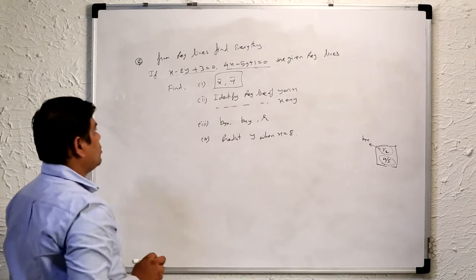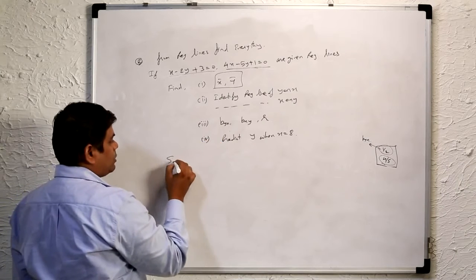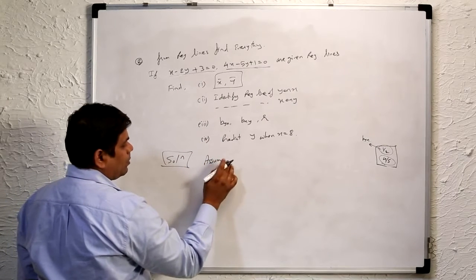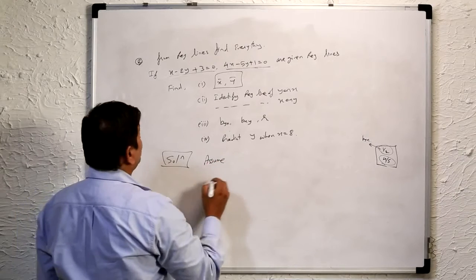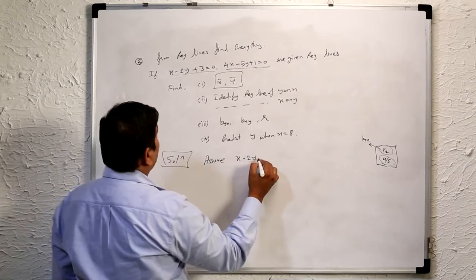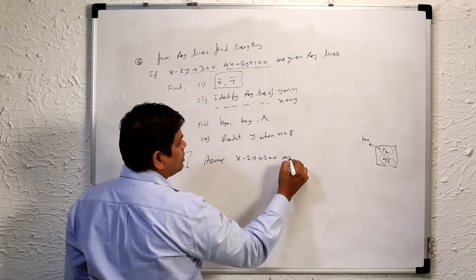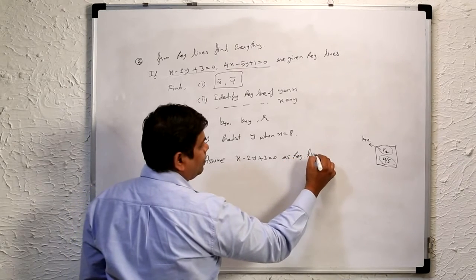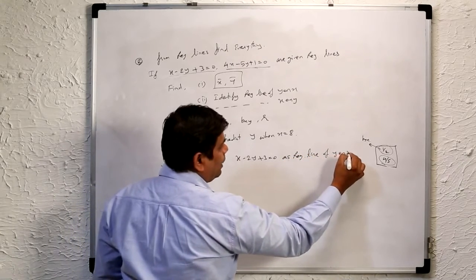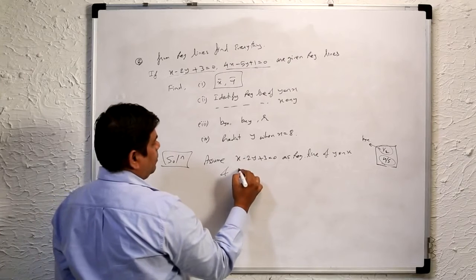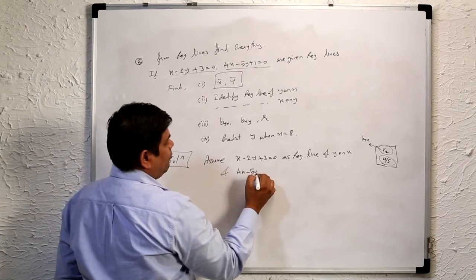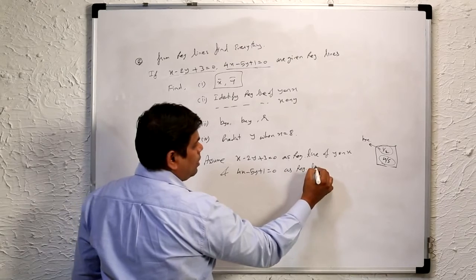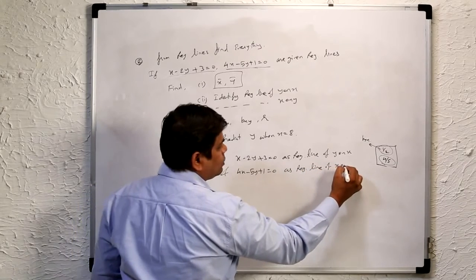Okay? So we are going to start the solution like this. Assume x minus 2y plus 3 equal to 0 as the regression line of y on x and 4x minus 5y plus 1 equal to 0 as the regression line of x on y.